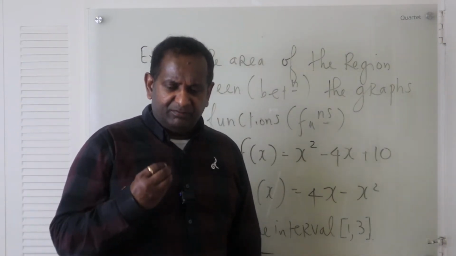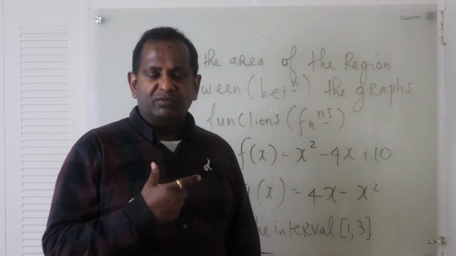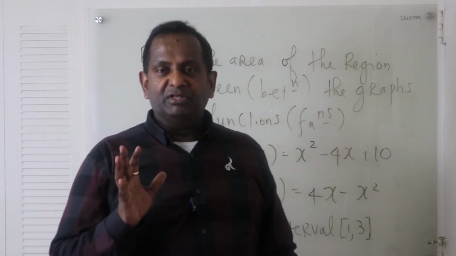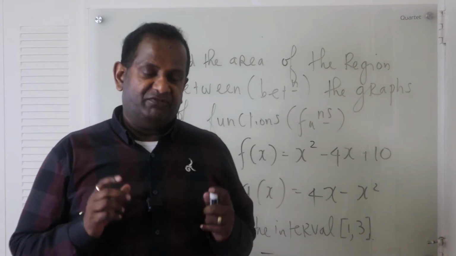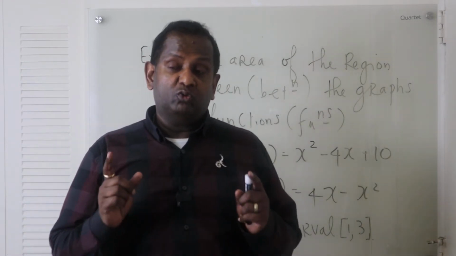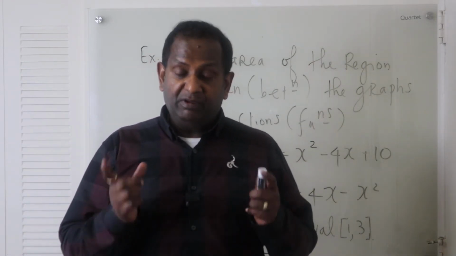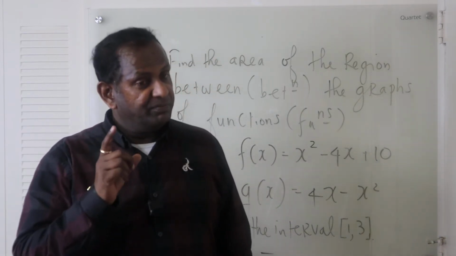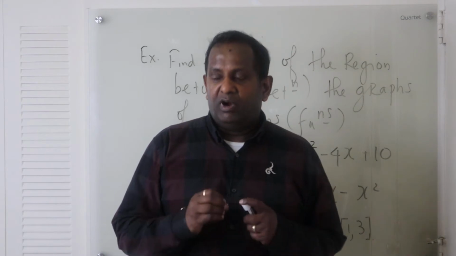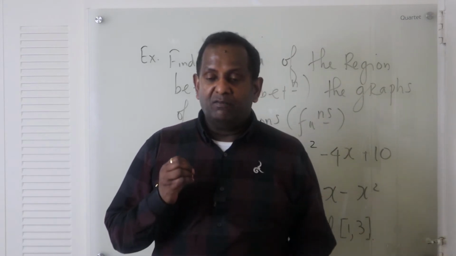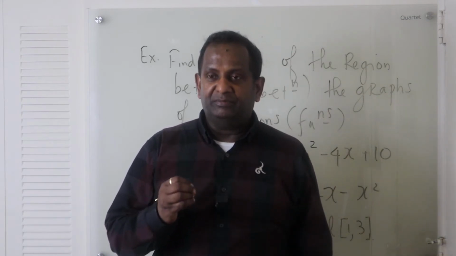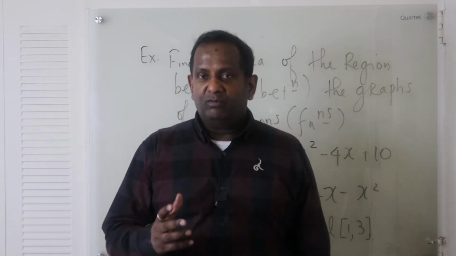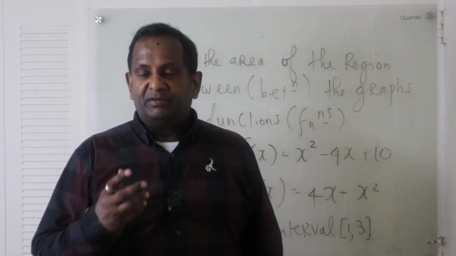What's the first and foremost thing to be done in order to find the area entrapped between these two curves? First, we have to draw the two curves. Even before we draw them, you have to find one very special characteristic between these two: the points of intersection.